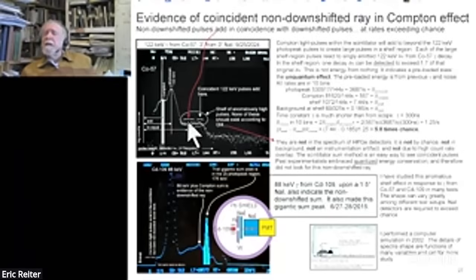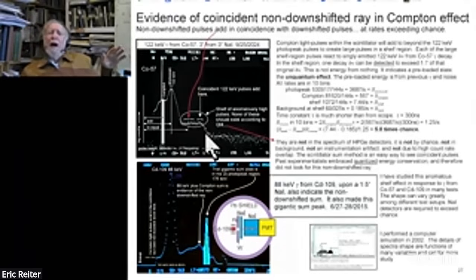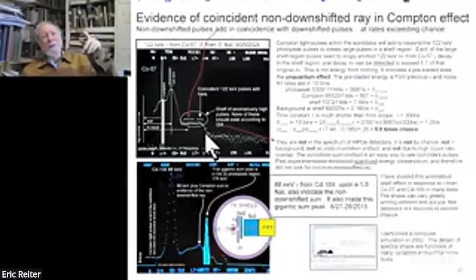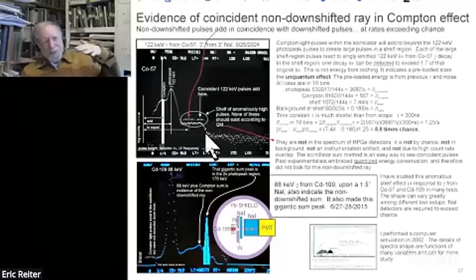This idea of adding the pulses like that is common. You'll see it in textbooks. But when they do it, they've used isotopes that are way higher in the spectrum where the photoelectric effect is below the Compton effect. And you'll just see chance.